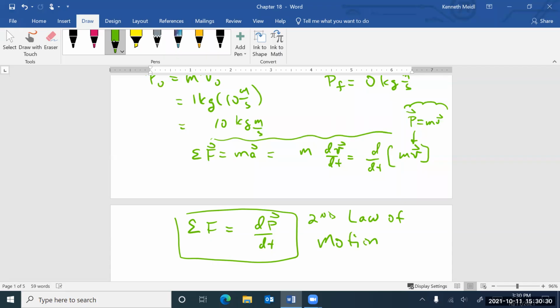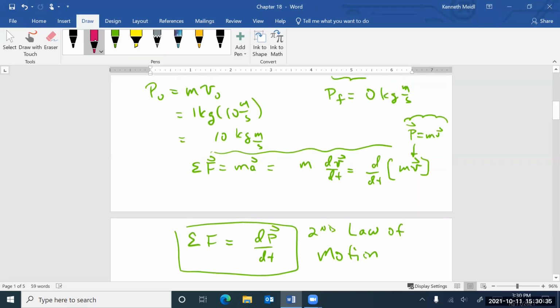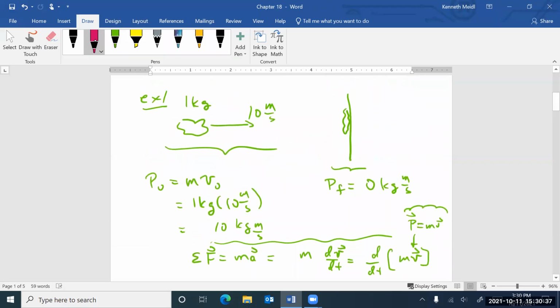And so the change of momentum is important. When I look at what's taking place up here in our collision, the change of momentum, and that's always going to be your final state minus your initial state, what you've got now, subtract off what you had before. That's the way we always do changes. The change here is your final state, 0 kilogram meters per second, subtract off what you had before, 10 kilogram meters per second, and you have a change of minus 10 kilogram meters per second.